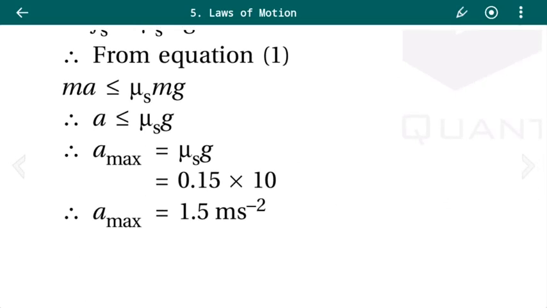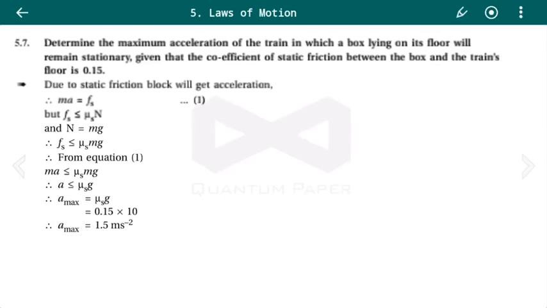Mu s, the coefficient of static friction, is equal to 0.15, into gravitational acceleration, which we take as 10, as the hint is given over here. So the value is 1.5 meter per second square. So this is the maximum acceleration of the train in which the box lying will remain stationary.